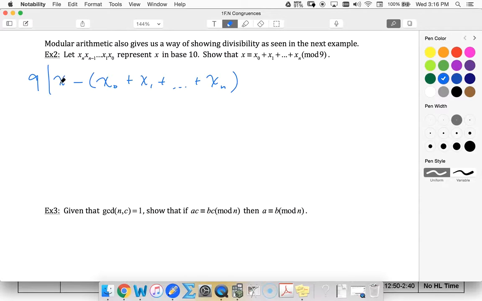So here I can rewrite my x value as 10 to the n x sub n plus 10 to the n minus 1 x sub n minus 1 plus all the way down until I hit 10 to the 0 x sub 0. And so now I'm going to subtract off these terms if I rearrange them to line up.